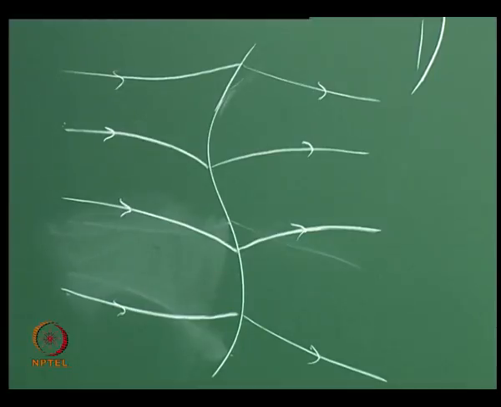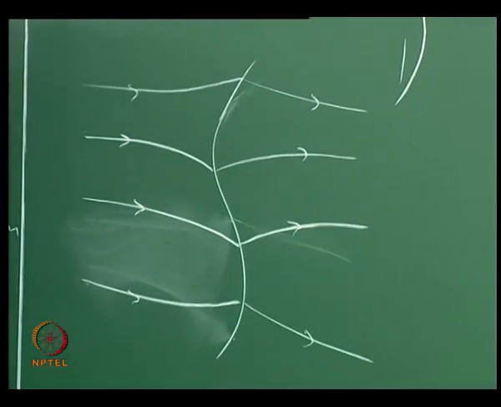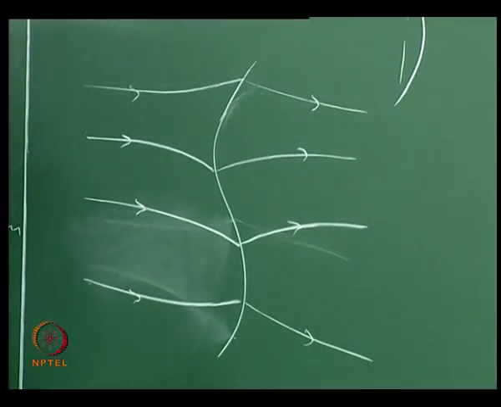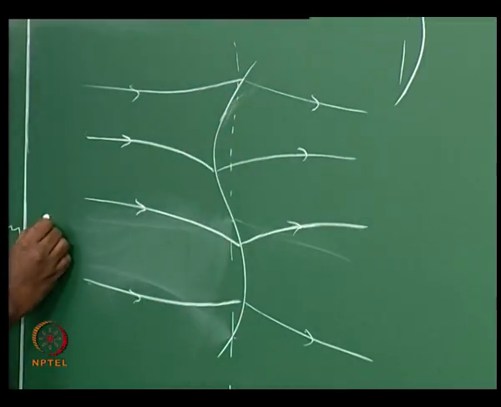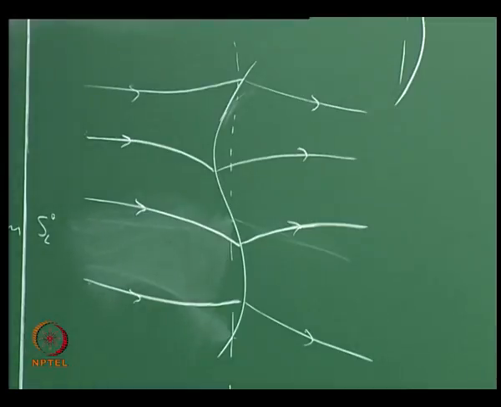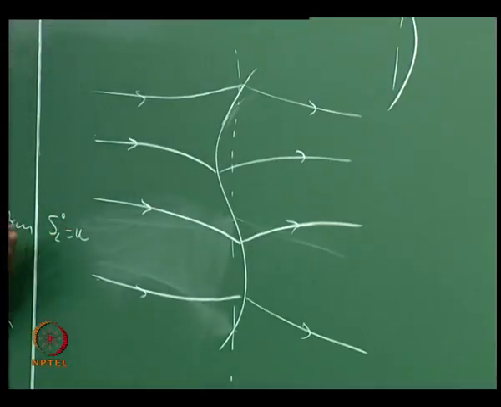So look at what's going on here. You have a situation where you want a flame that is stabilized at SL naught. Now this is what is equal to U locally here.